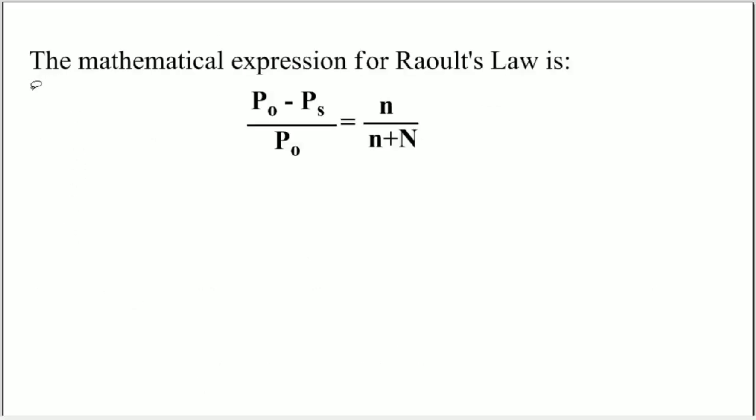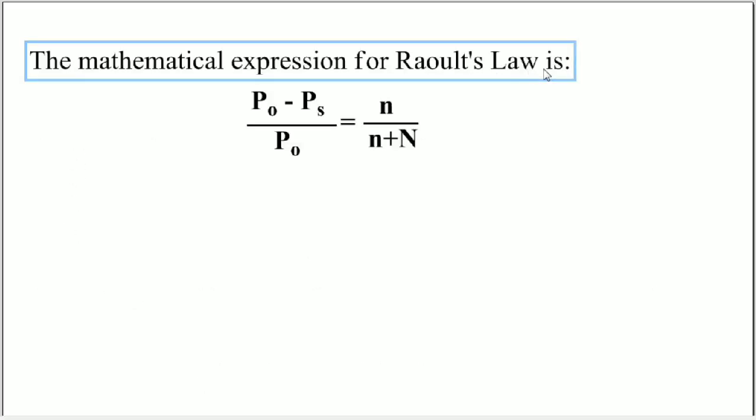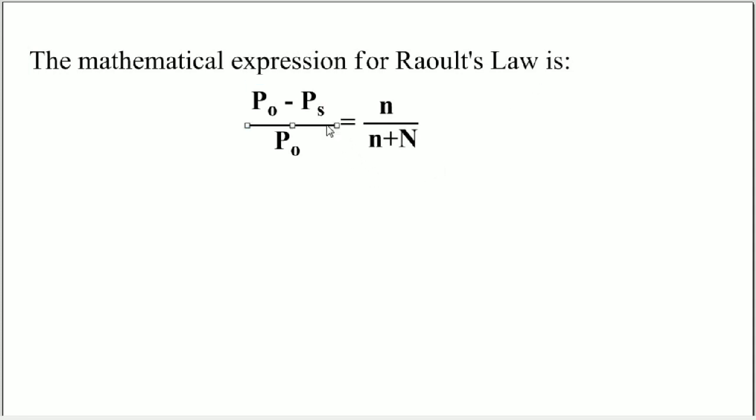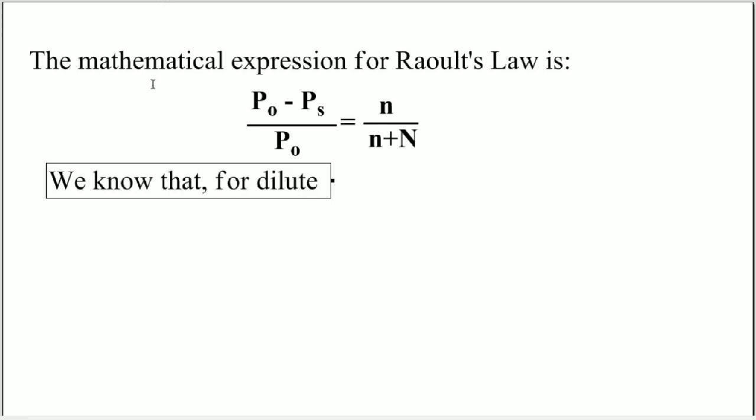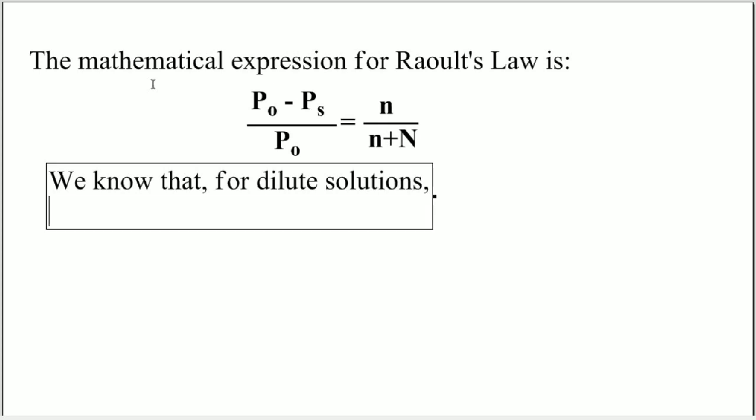So students, the mathematical expression for Raoult's law is P naught minus PS by P naught is equal to small n by small n plus capital N. Students, we know that for dilute solutions, the number of moles of solute is much less than the number of moles of solvent.